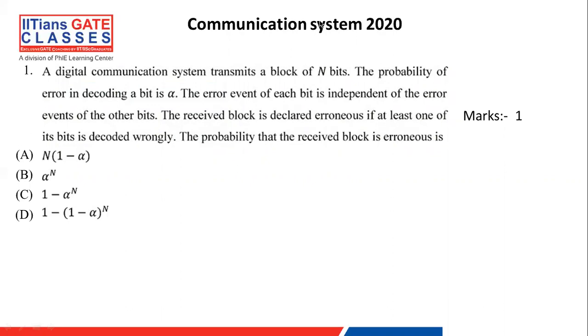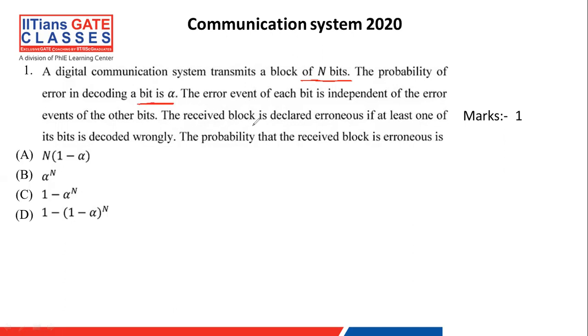This is more of a probability question than a communication question. Here we are asked to find out the probability that the received block is erroneous. So what is given here? We are transmitting the signal, which is a block of n bits, and the probability of error in decoding 1 bit, and the error events of each bit are independent of each other.